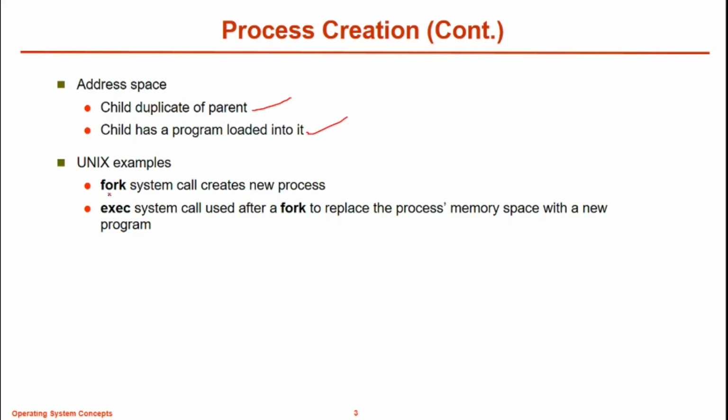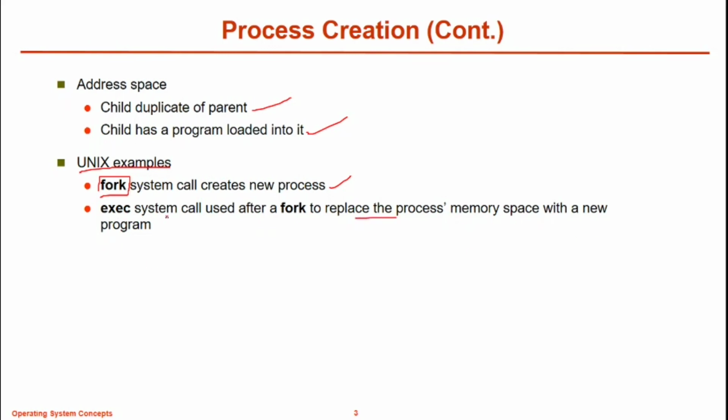Unix example: they have taken an example to create a child process in the Unix operating system. In that, fork is a system call that creates a new process. The exec system call is used after a fork to replace the process memory space with a new program.